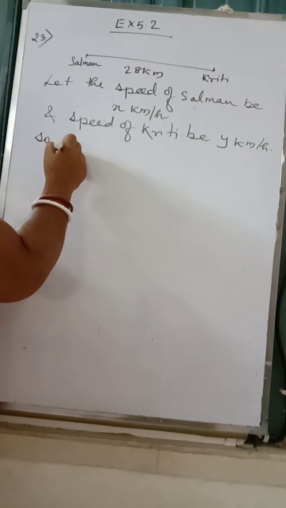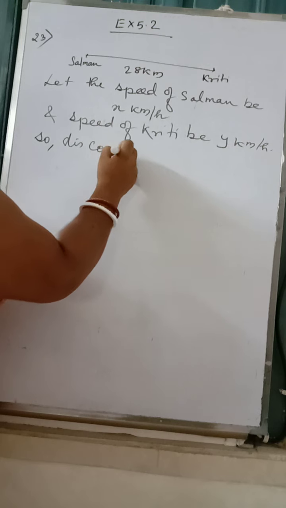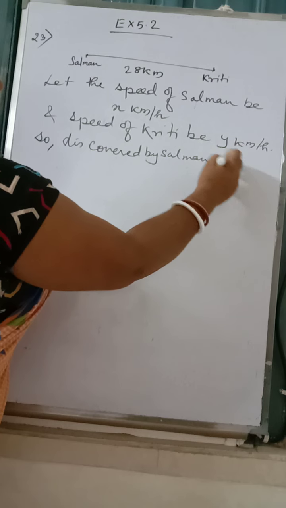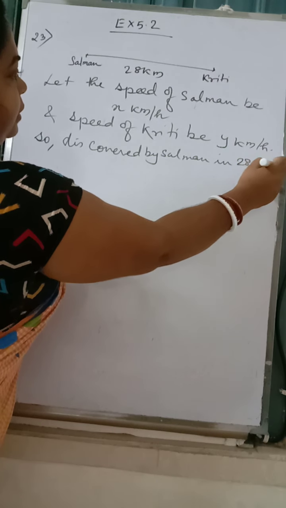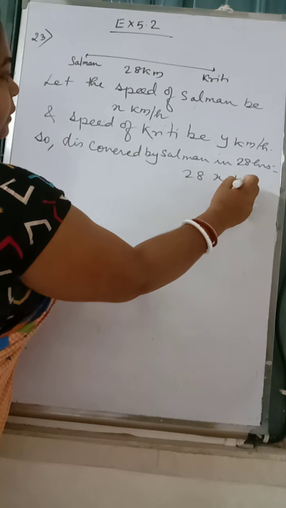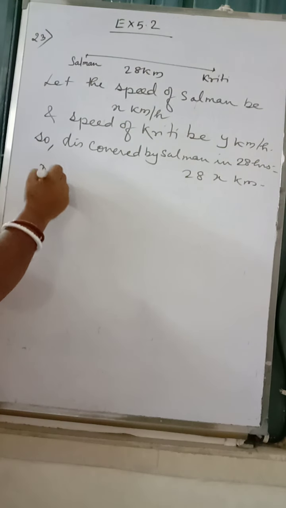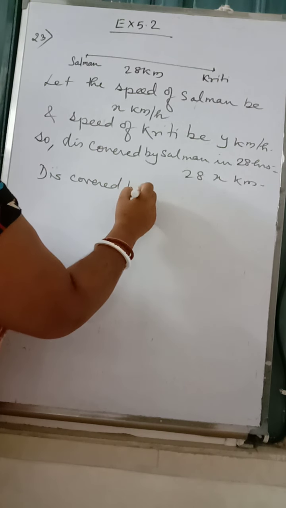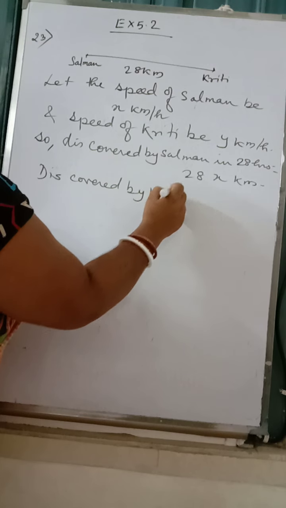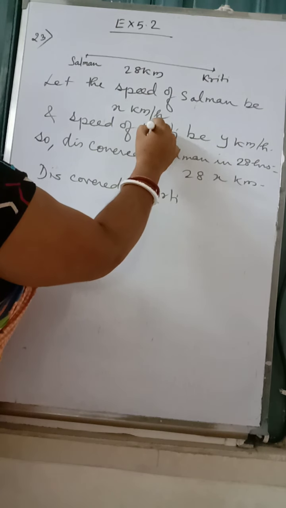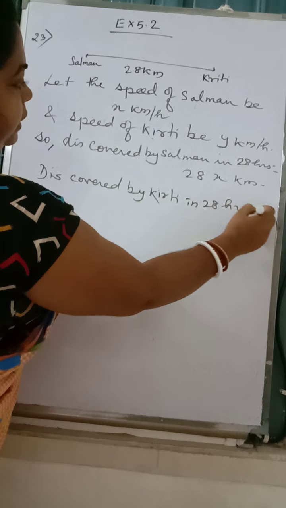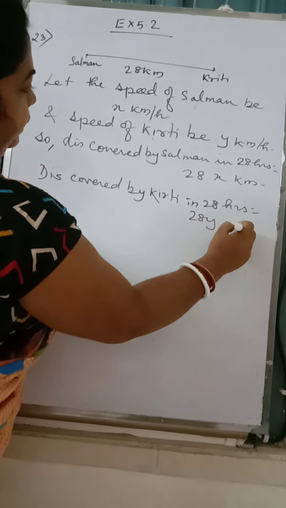So, the distance covered by Salman in 28 hours will be 28x kilometers, and the distance covered by Kirti, just Kirti, in 28 hours is equal to 28y kilometers.